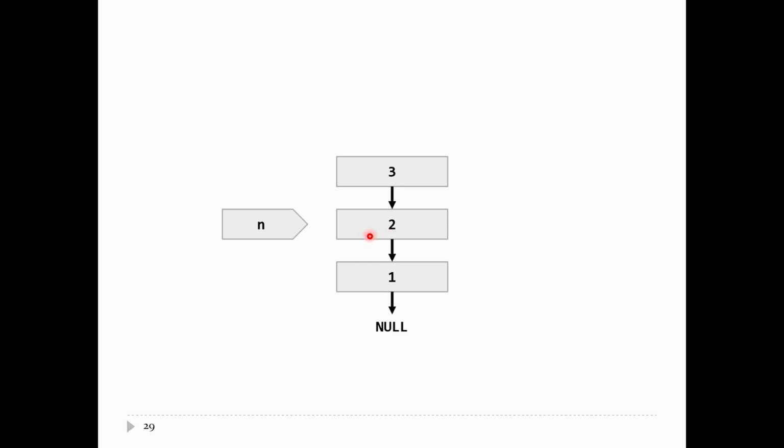Not null, so do something with the 2. Then go to n next, so follow the link. N's not null, so I can do something with the 1. Then I can go to n next. That's null, so now I know I'm done, and you don't do anything with n.